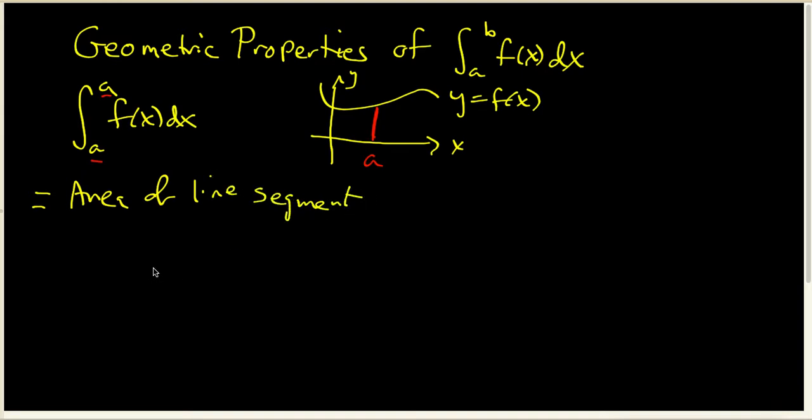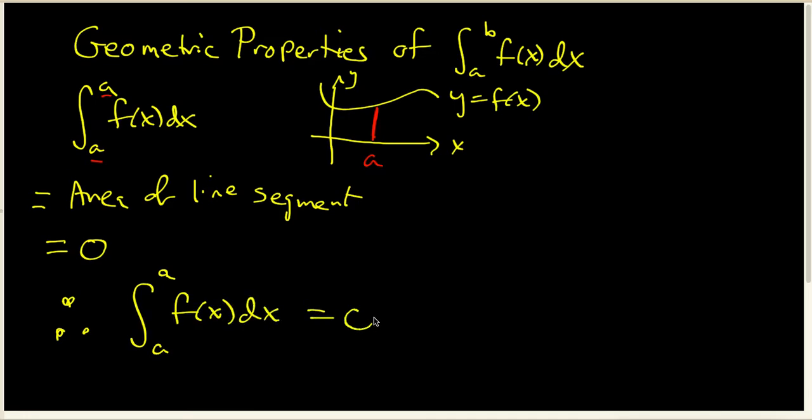But areas of line segments are known to be zero, and consequently we can say that the definite integral from a to a of f of x dx is always going to be equal to zero because it's just the area of a line segment.